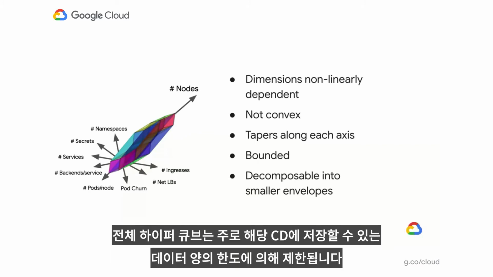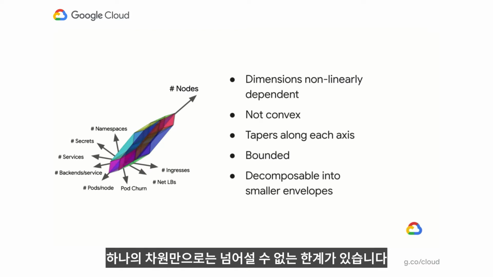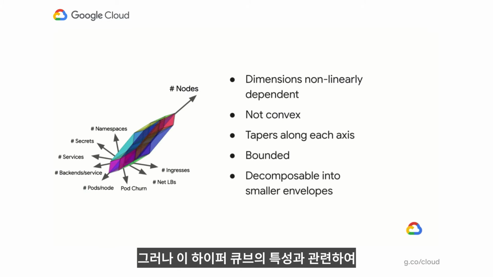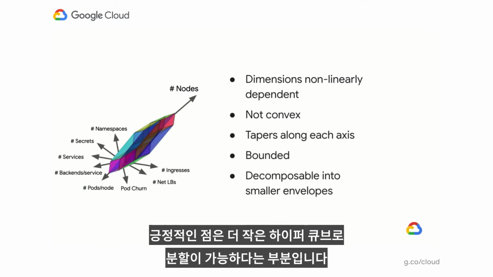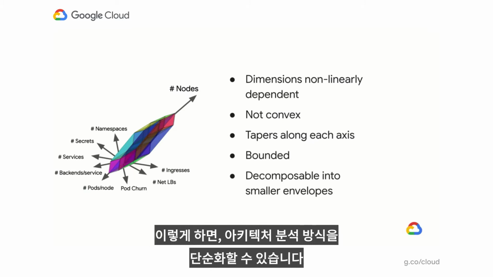The whole envelope is bounded primarily by the limits of how much data you can store in etcd. So there are points that you cannot break by stretching the envelope on just one dimension. But what's pretty positive about the behavior of this envelope is that it's decomposable into smaller ones. So there are subsets of dimensions with which you can play independently from other subsets, and this way take a simplified approach to analyzing your architecture.